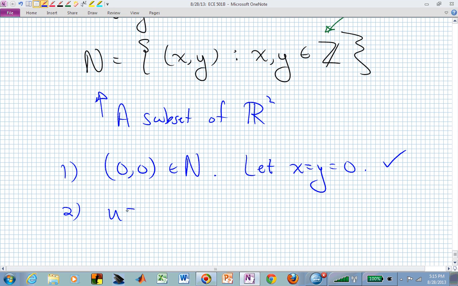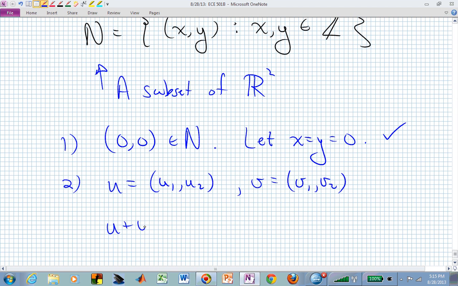If we said u is equal to (u1, u2) and v is equal to (v1, v2), then u plus v is equal to (u1 plus v1, u2 plus v2).